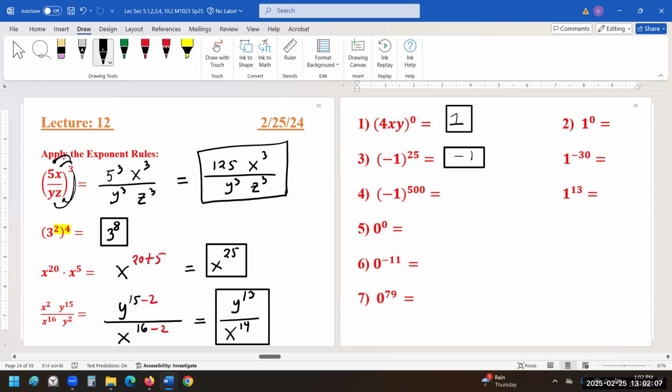Michaela, would you like to try the next one? -1 to the 500 power. 500, is it an odd number or even number? Think about a number that has a 0 in the last digit, like 10. Is 10 odd or even?